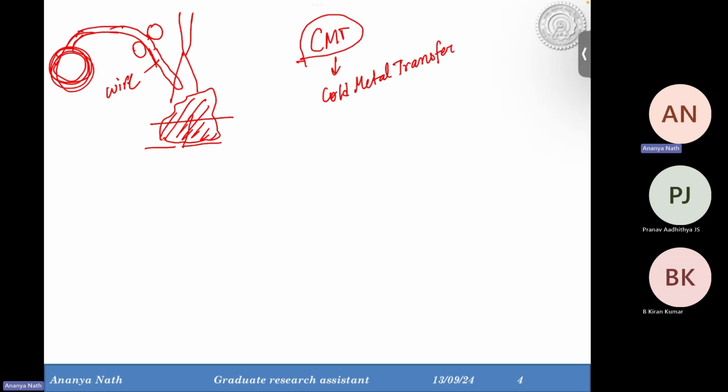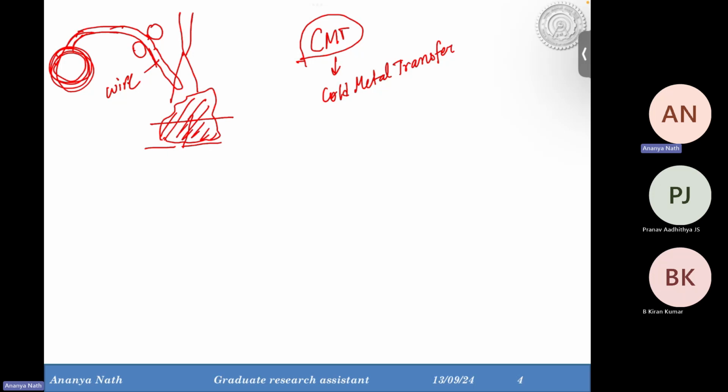In that millisecond you have a very high energy input for a given instant, and at that moment only your wire gets melted, and you get one drop of metal onto the melt pool, onto the substrate. So there is no external heat source provided inside the process, which you can see.